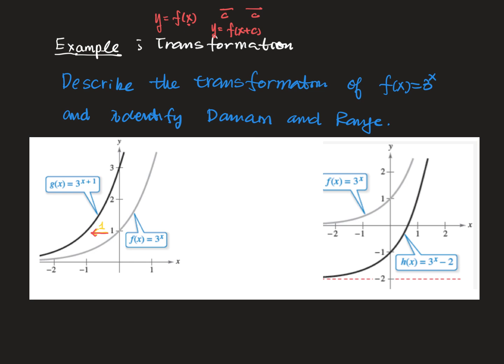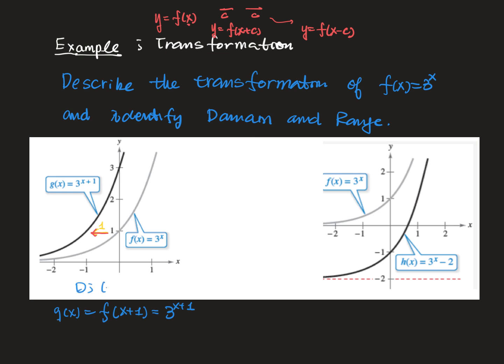Going to the right, it is y equals f of x minus c. That's how you do the transformation here. So this one goes to the left. The original function is f of x equals 3 to the x. We have the function g of x: the original function f, shifted left 1, gives x plus 1, so you have 3 to the x plus 1. When you translate horizontally, what changes here? The domain? The domain is the same.